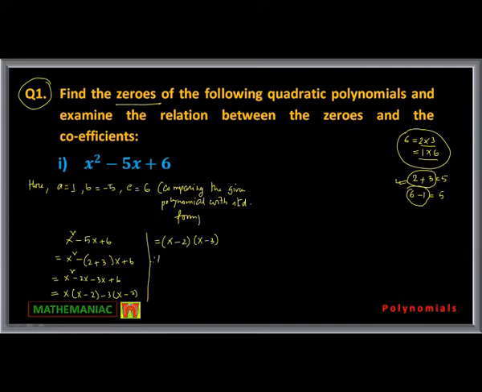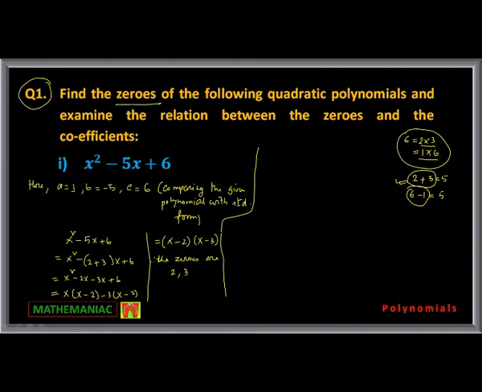So therefore the zeros are, you can directly write this now, 2 and 3, right? So now we have found the zeros.